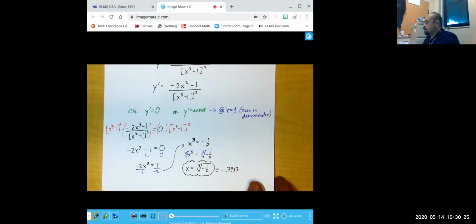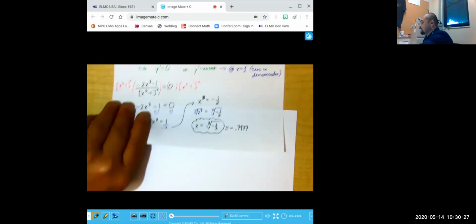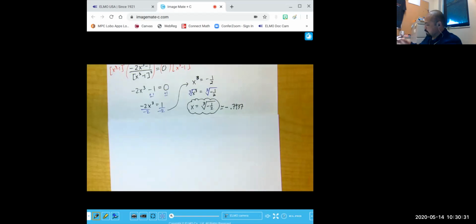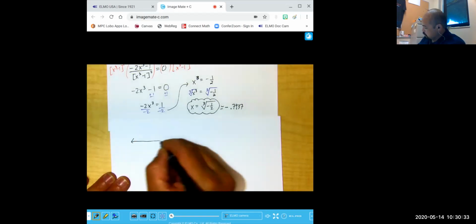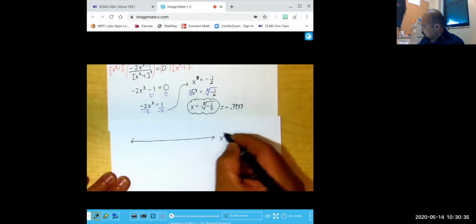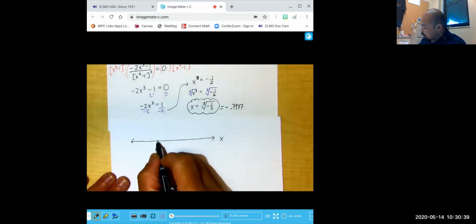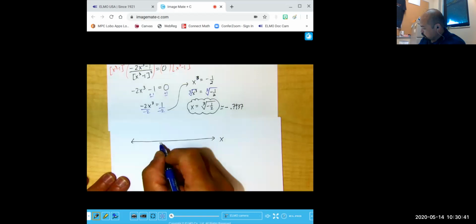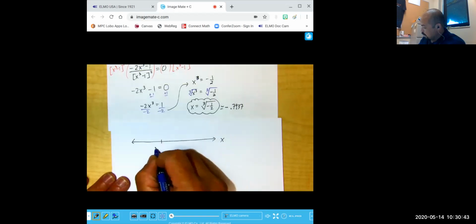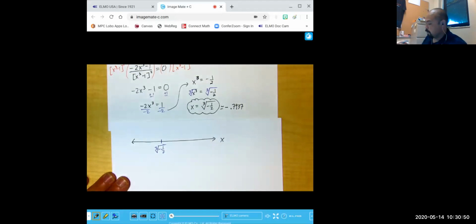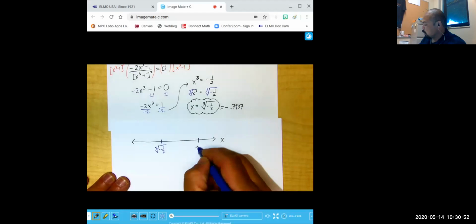So then when we start to look at our intervals of increase and decrease, we had those key points, those critical numbers at the cube root of negative 1/2, that negative 0.7937, and also at 1.